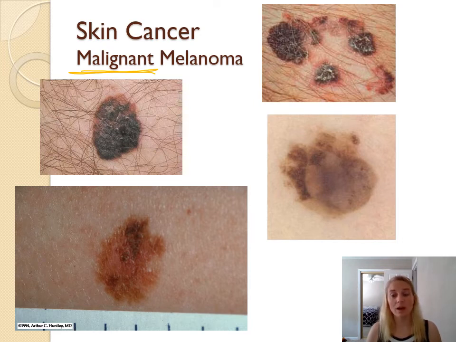And the 5-year survival rate for this one, if you catch it early, before it metastasizes, is like 95 to 99%. So much like the other two. However, if malignant melanoma has metastasized to other locations in your body, that 5-year survival rate goes all the way down to 14%.